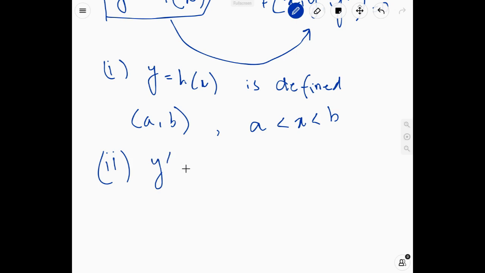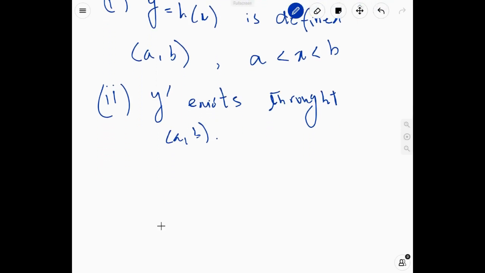So y prime exists throughout a to b. The third and important condition is that y is equal to h of x satisfies the differential equation.